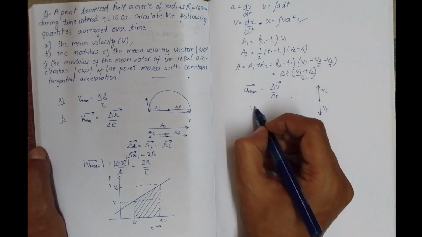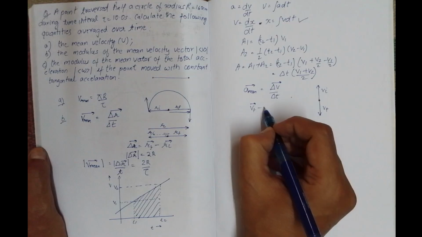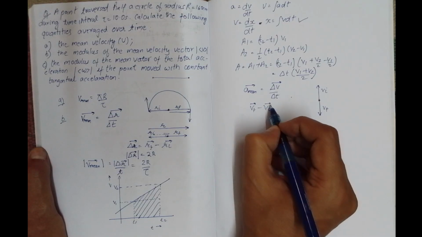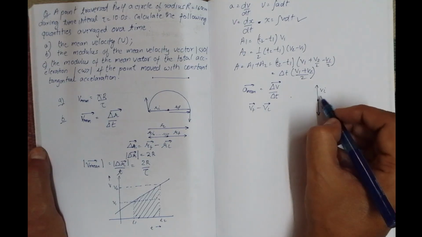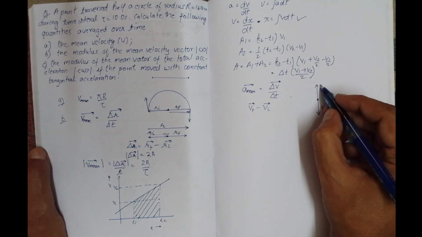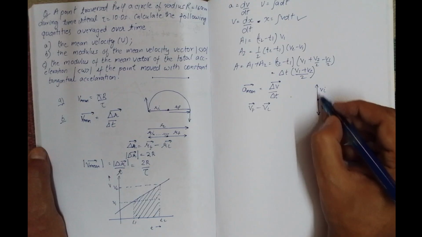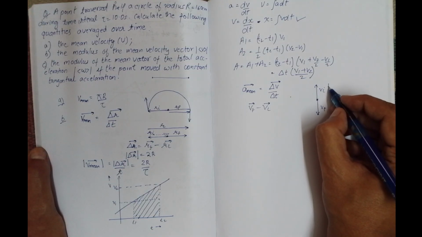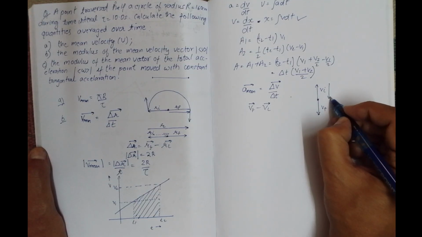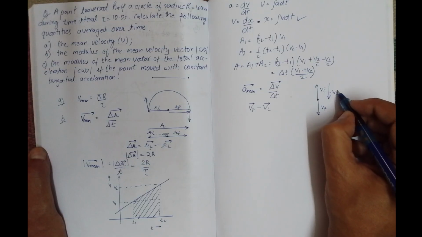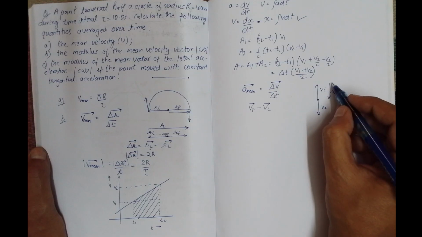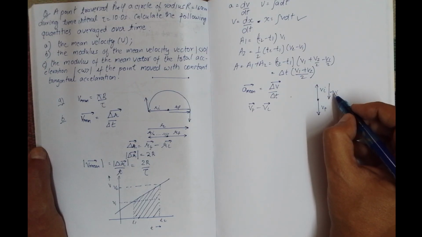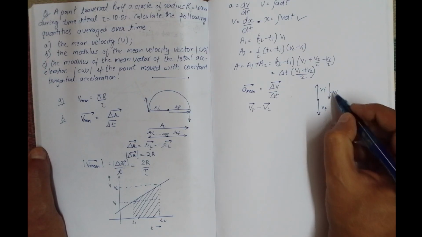So if you do a VF minus VI, you are basically doing VF plus minus VI. Now what is minus VI? This is VI. Minus VI is the opposite of this vector. What is the opposite of this vector? This. This is minus VI. So VF plus minus VI will be equal to this vector.